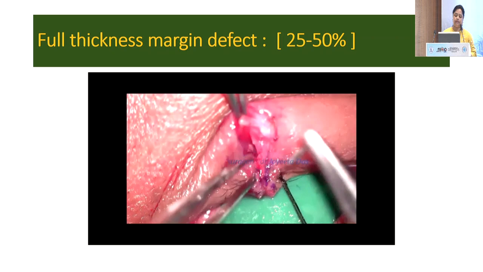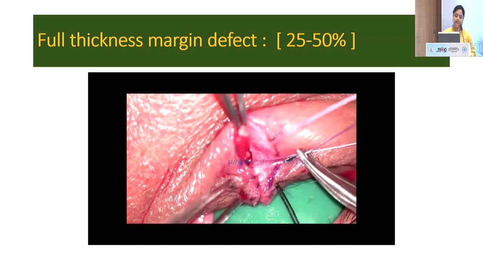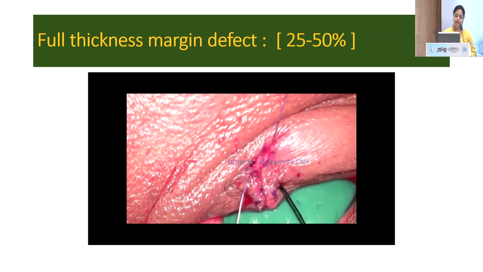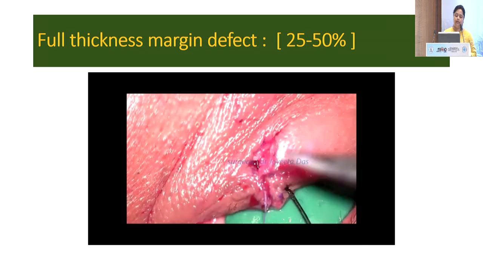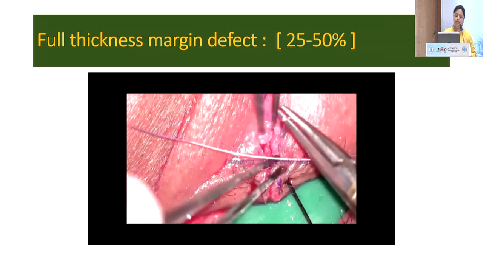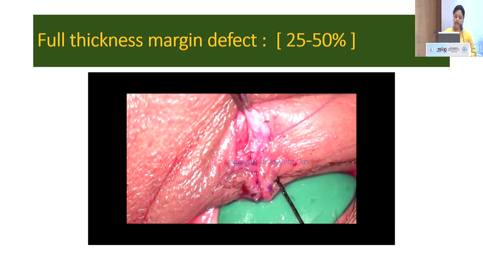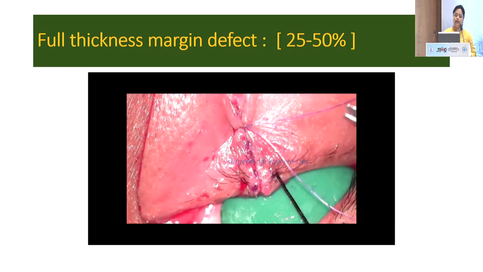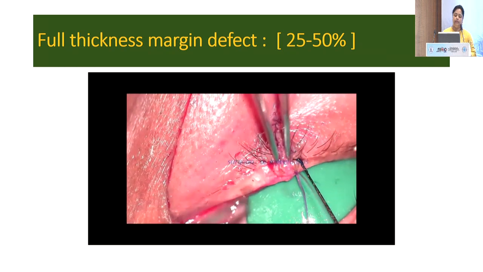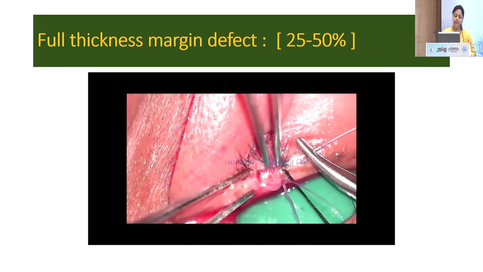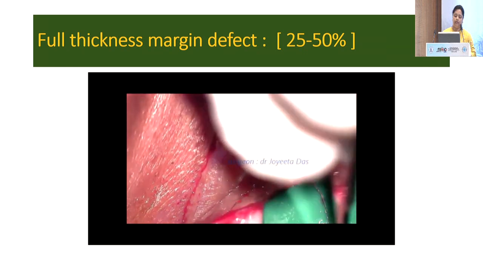Rest of the sutures are given; muscle and the tarsal plate are sutured by interrupted 6-0 Vicryl. And finally, the long end of the suture is tied with the interrupted suture for avoiding corneal trauma.